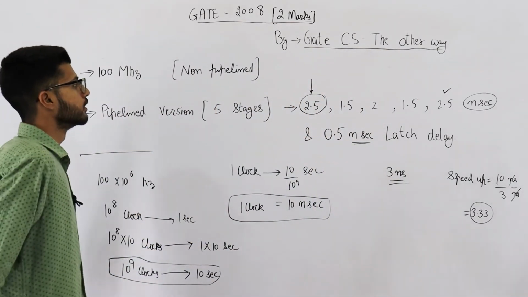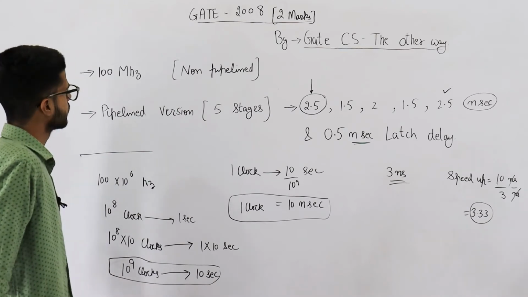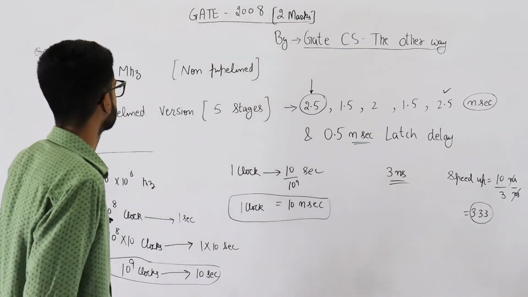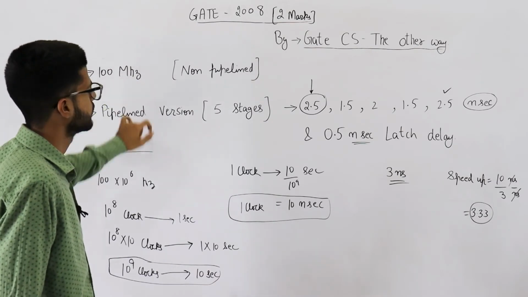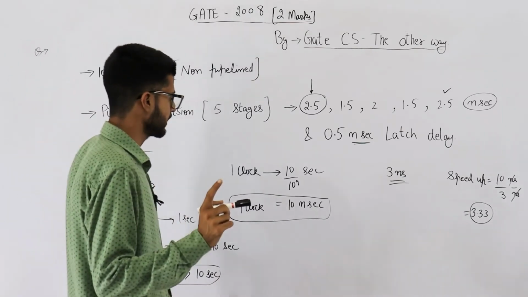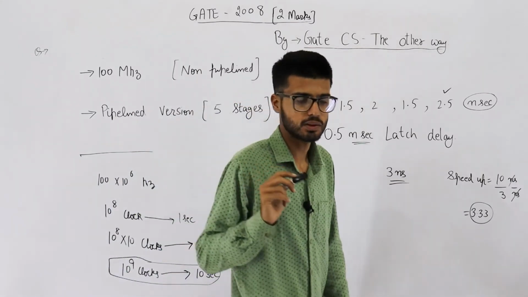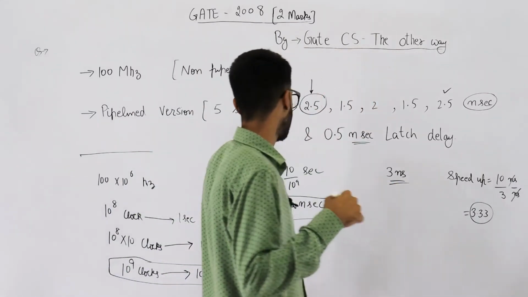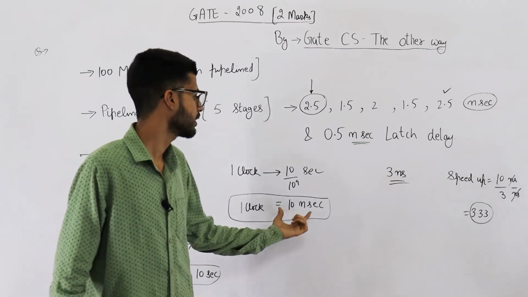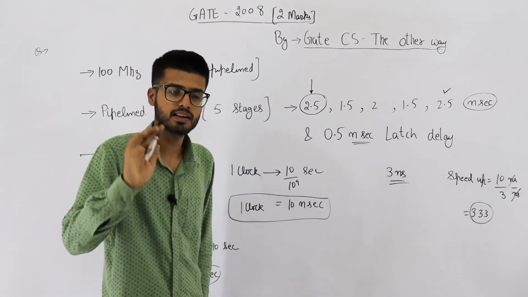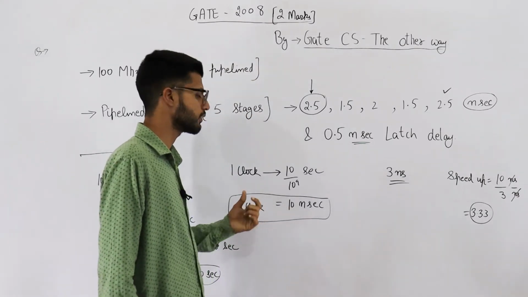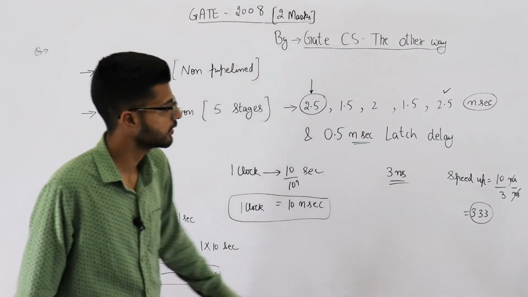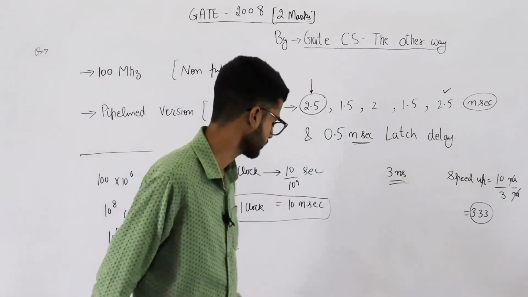Now, one thing that I haven't yet considered is this processor takes 10 nanoseconds to generate one clock signal. How am I considering that 10 nanoseconds are taken for one entire instruction? 10 nanoseconds are for one clock, but I am considering that 10 nanoseconds are taken by one instruction.